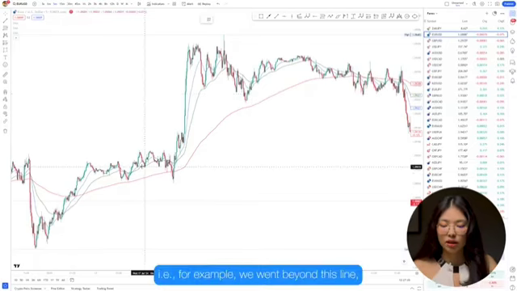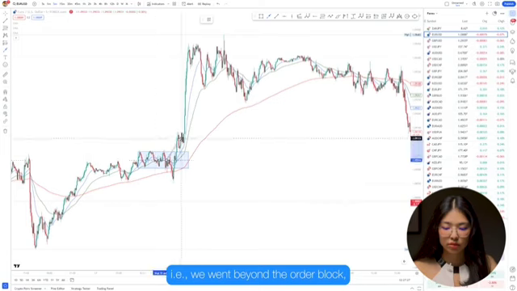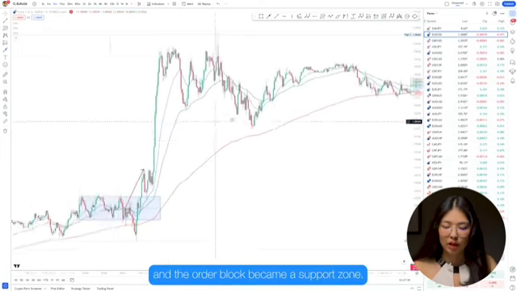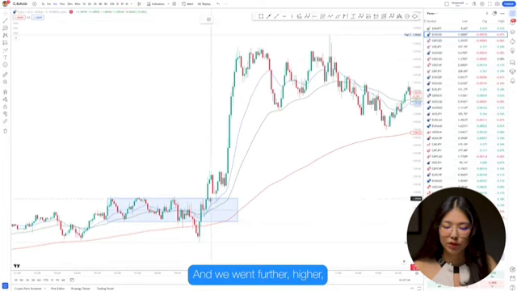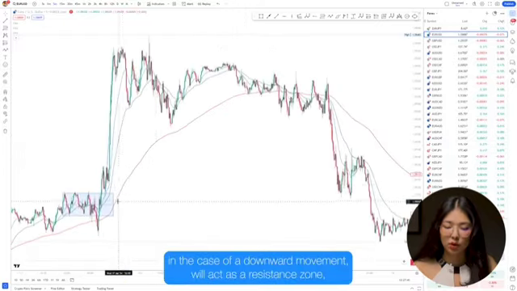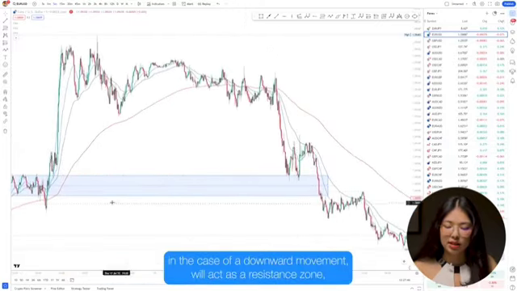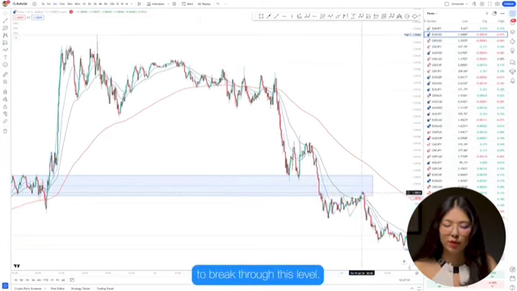For example, we went beyond this line, came back down, we went beyond the order block, and the order block became a support zone. And we went further, higher. But if we look further, this order block, in the case of a downward movement, will act as a resistance zone. So we'll not be able to break through this level.